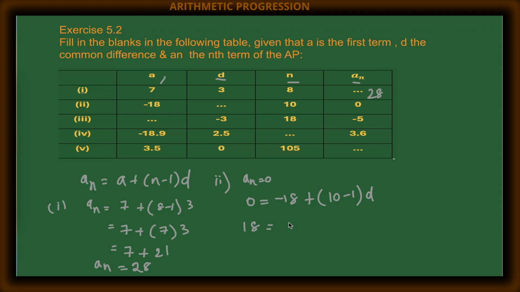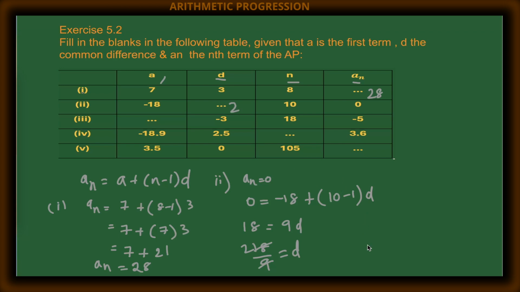Okay, so 10 minus 1, I will put it as 9. So instead of making it complex, I can make it this way. So 18 divided by 9, 9 ones are 9, 9 twos are 18. So d value is 2. So we can put it as 2 here.